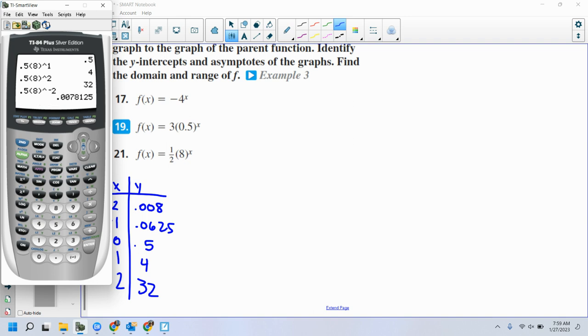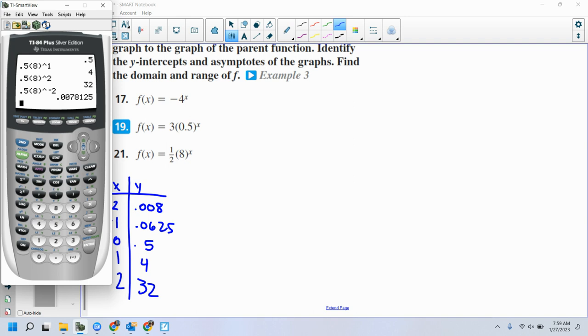I must have done it wrong on the paper. Yeah, I said 0.031. That's weird. The rest of them are right, though, right? Now, at any rate, it's almost negligible because it's just a really small number, right?